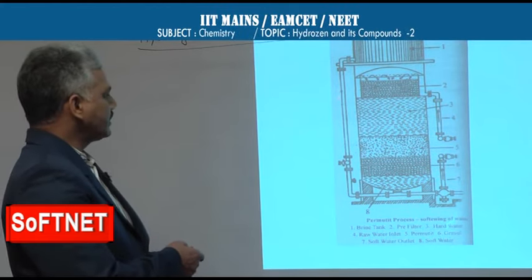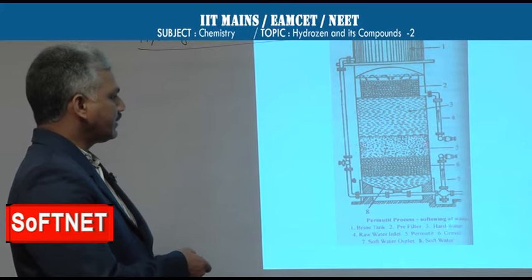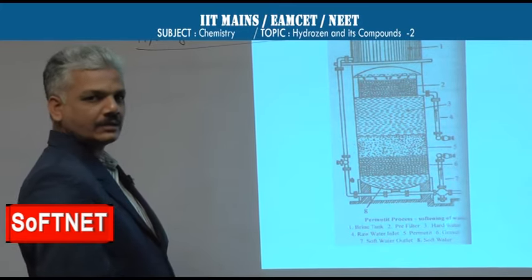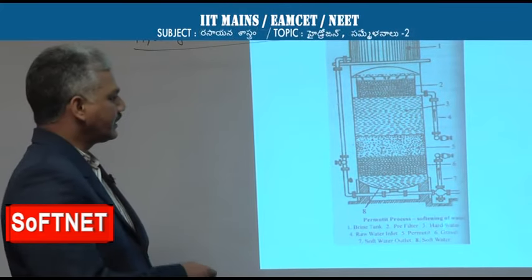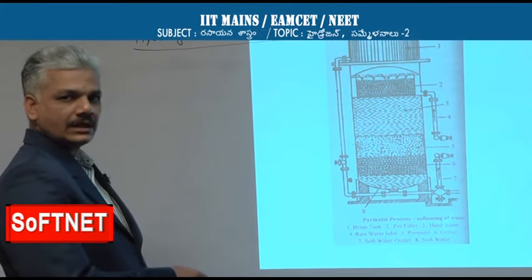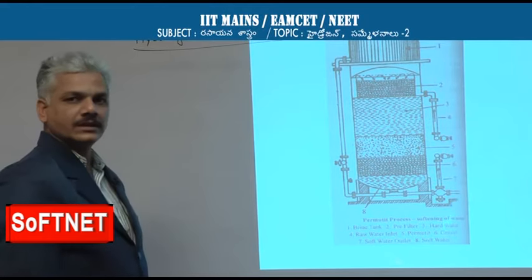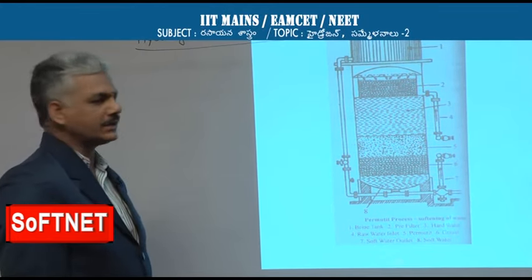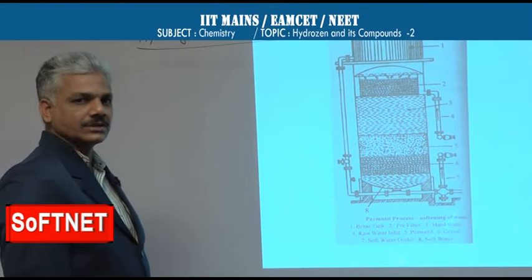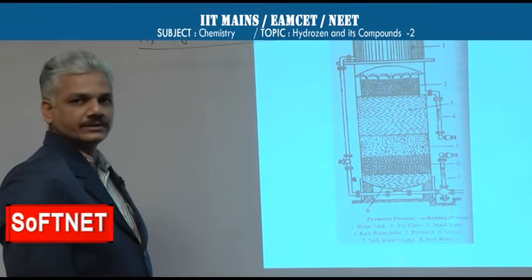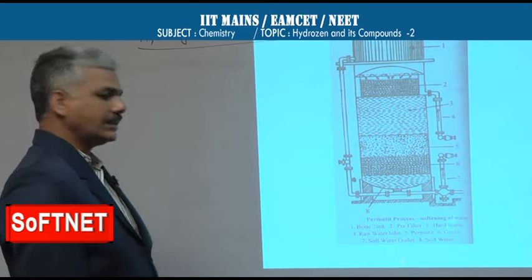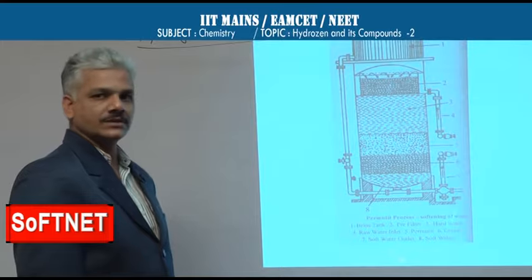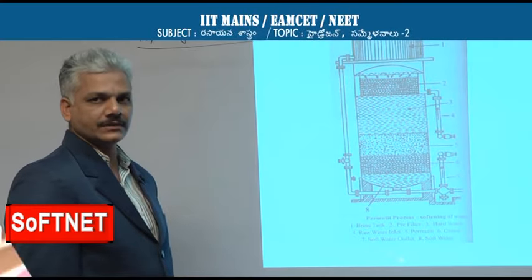The brine solution will interact with the exhausted permutit and convert it back into sodium permutit that can be reused again and again. Hence, this method is the most economical and efficient method for the conversion of hard water into soft water. Particularly, this method is used in laundries for the conversion of hard water into soft water.